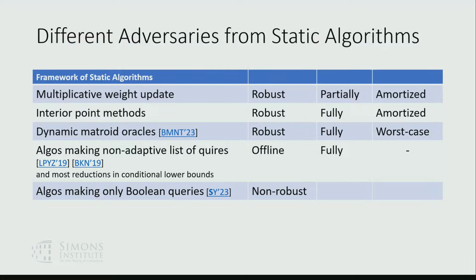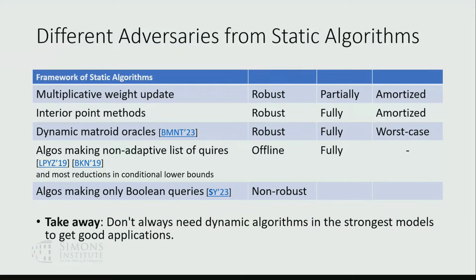So now all you need is even an offline algorithm. And so my point is just that there are many kinds of variants of optimization methods, and each of them leads to different requirements of dynamic data structure. So you don't always need the dynamic data structure in the strongest model to get good applications.